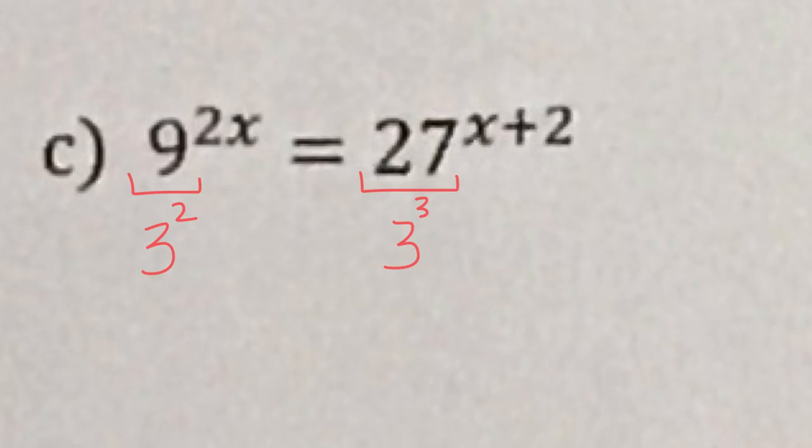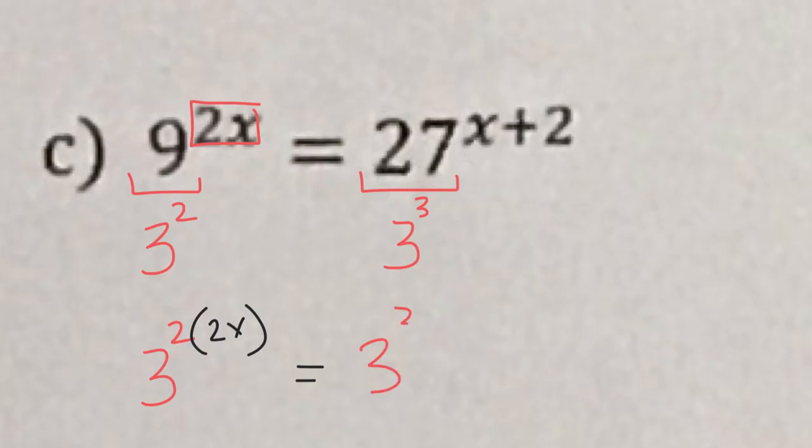Because if you don't know your bases, if you don't know your multiplication, then these are going to be extremely difficult to do. Okay, so 9 is 3 squared, and I already have a 2x up here. Okay, and 27 is 3 cubed, but I already have an x plus 2 up in my power.